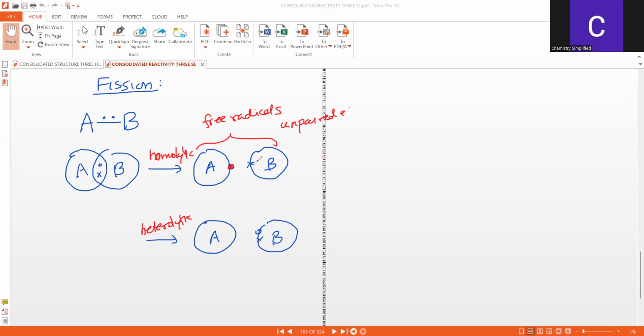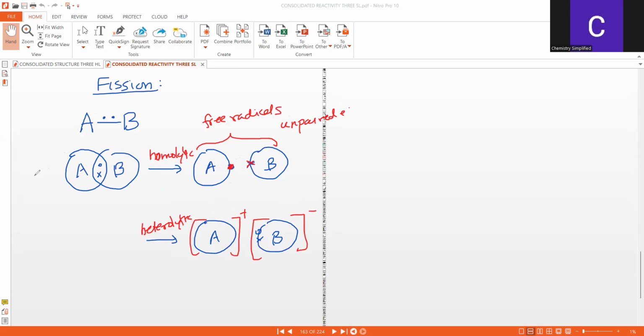This is the unpaired electron, this is the unpaired electron. Okay, so a single electron, unpaired. In heterolytic fission, because A has lost the electron, A has become a cation, and B has gained the electron, so B has become an anion. Okay, so this is about homolytic and heterolytic fission.